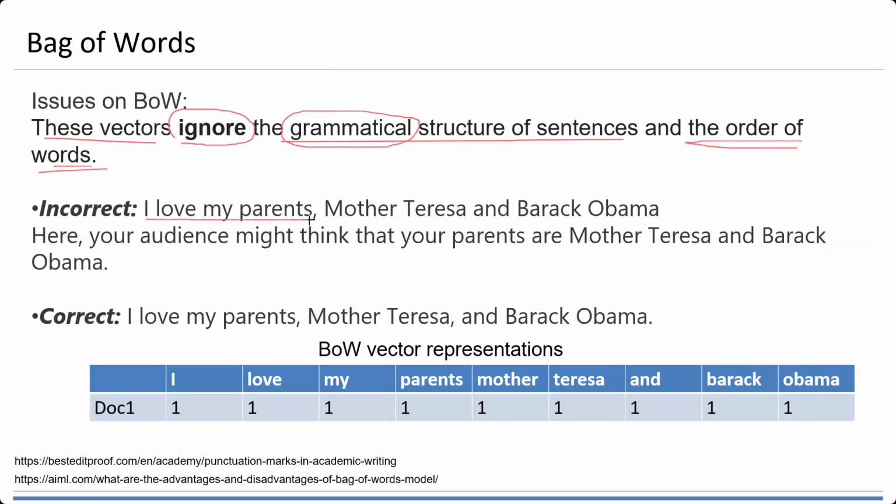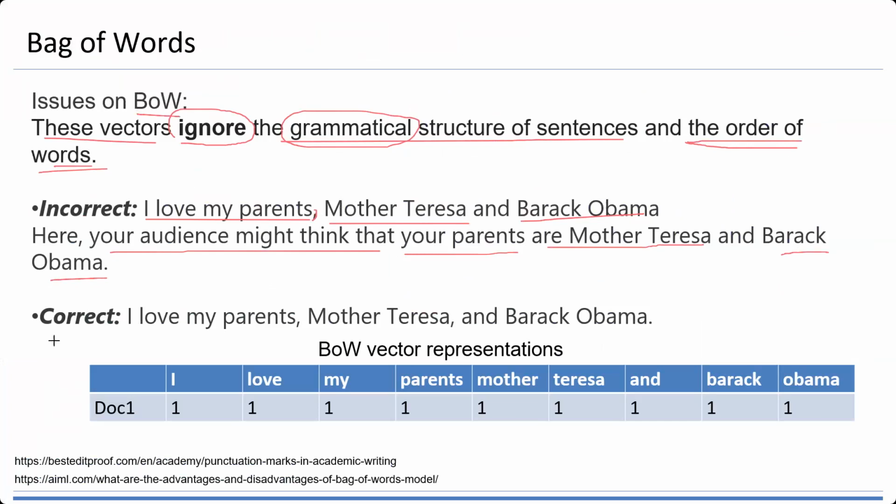I love my parents, comma, Mother Teresa and Barack Obama. If you understand English, the audience might think that your parents are Mother Teresa and Barack Obama, because there's only one comma here. So this grammar cannot be detected with the bag of words.